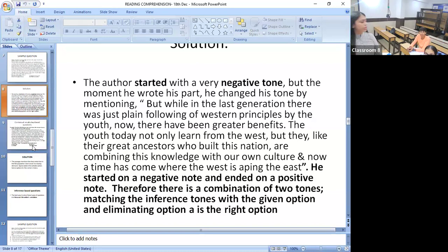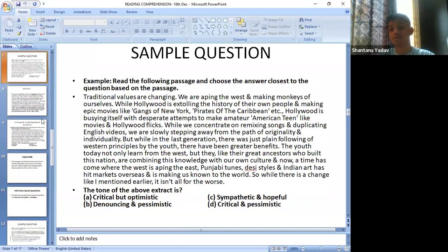What do you mean by critical? Critical is the situation where there is not a 50-50 chance, pointing out the flaws. And an optimist? Ma'am, optimistic means a positive mindset.